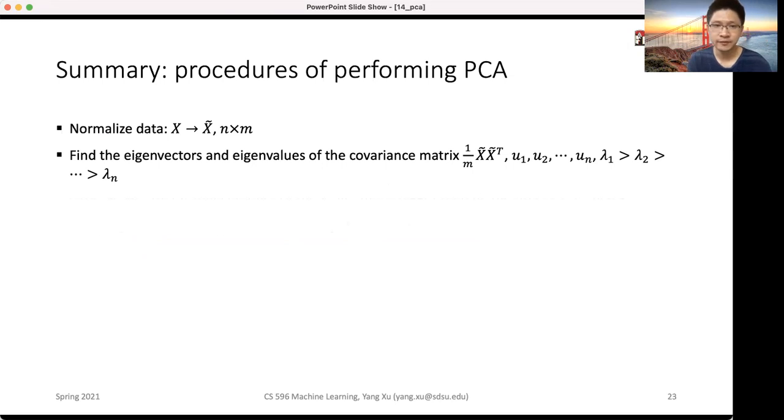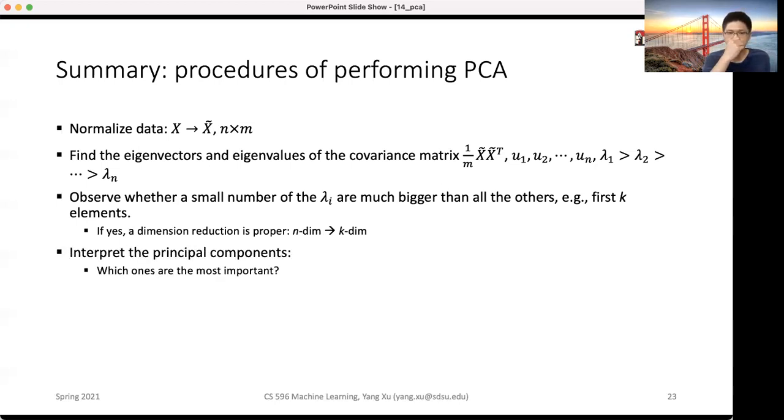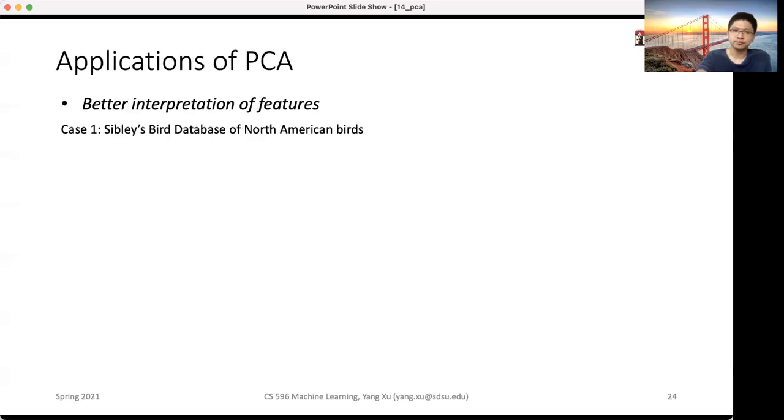Then we can select a small number of eigenvalues with the corresponding eigenvectors, so that we can project the original data into a subspace with lower dimensions. And we can use these selected principal components to explain the original data, like which are the most important features, for example.